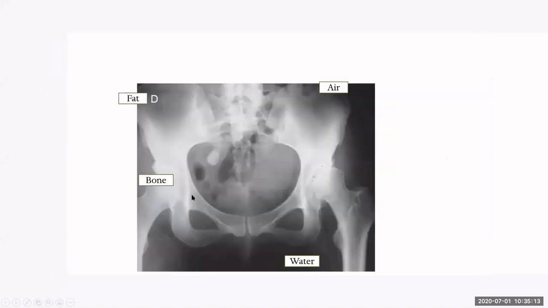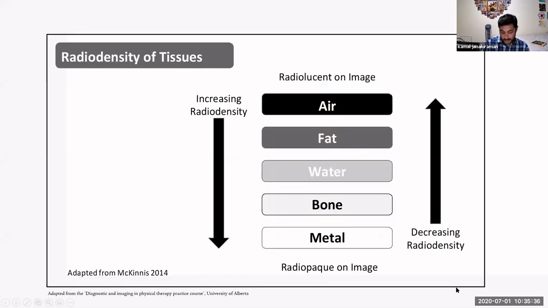I'll show you a picture now. This gives a picture here. For example, the air has black pockets there, and gray is the fat there, and bone is white, and water is a little bit gray, like it's told here.